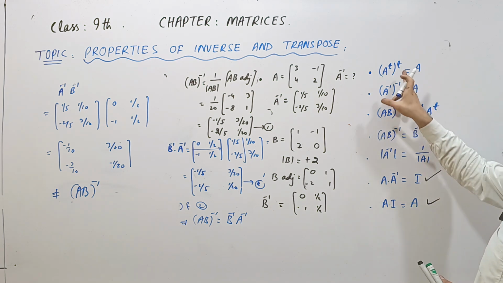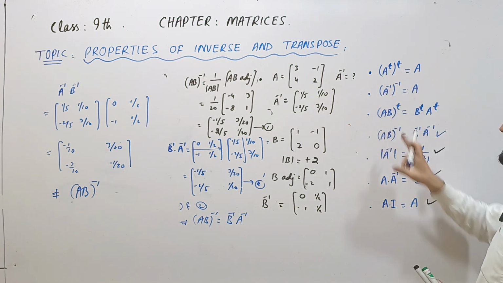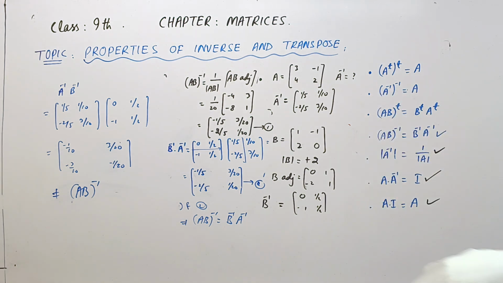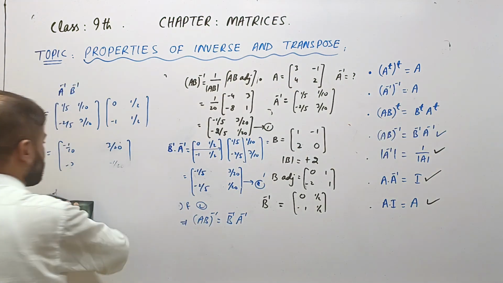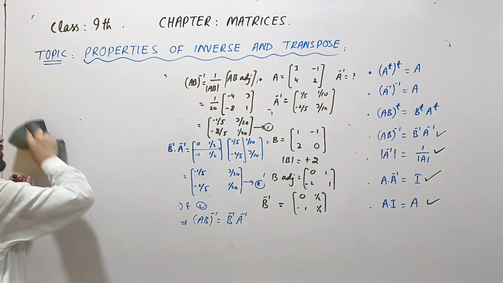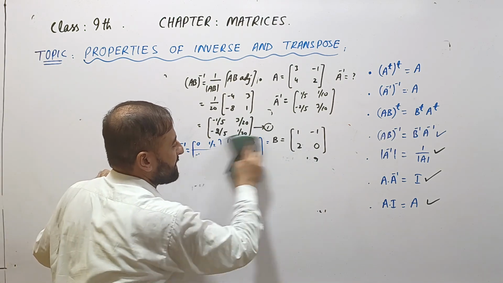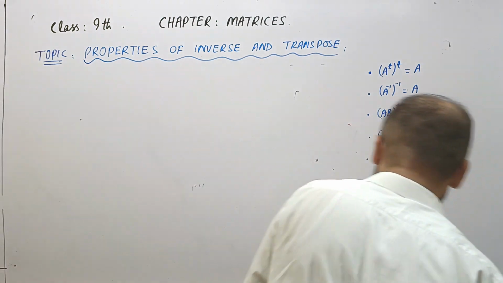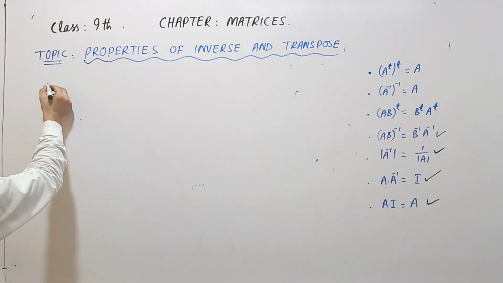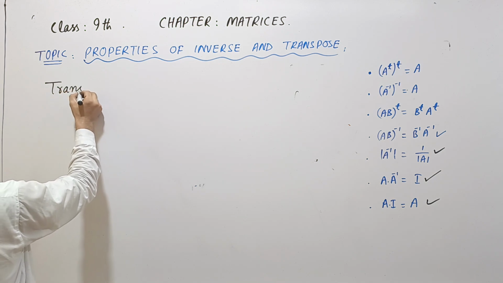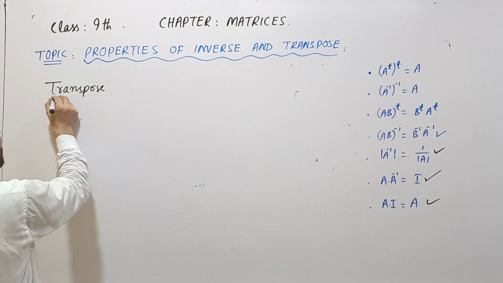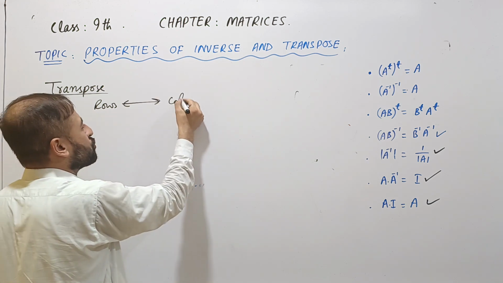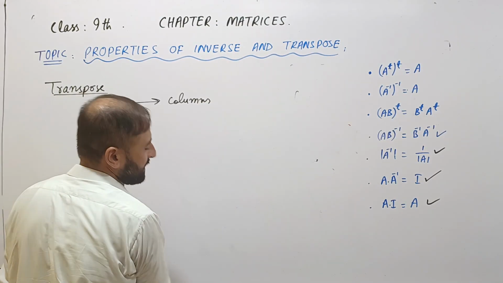By chance, transpose and inverse have the same properties. The difference is that inverse is always for square matrices, while transpose is for both rectangular matrices and square matrices. Students, what is meant by transpose? A matrix obtained by interchanging rows with the corresponding columns. When you interchange rows with the corresponding columns, it is called transpose.